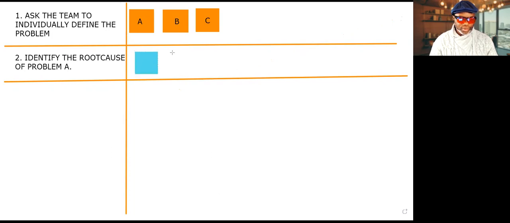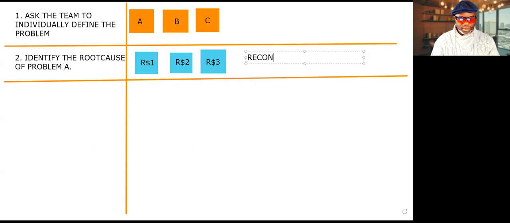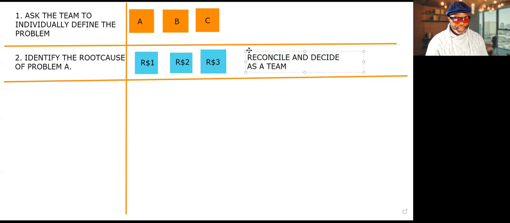So you got the root cause of A. And you're going to have multiple impressions about the root cause of A. So someone could say the root cause of A is reason 1. Or reason 2. Or reason 3. Again, you need to reconcile and decide as a team what the root cause is.